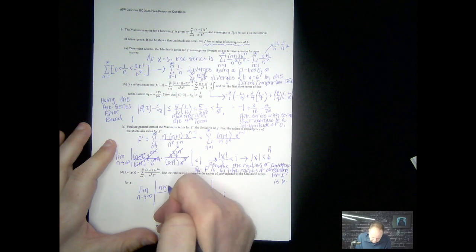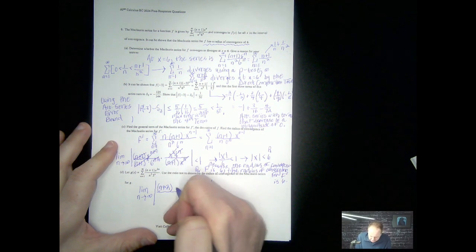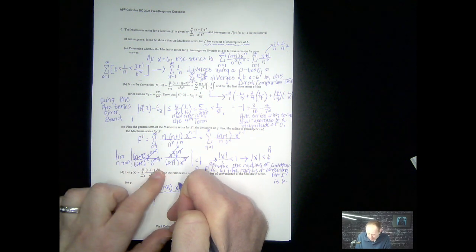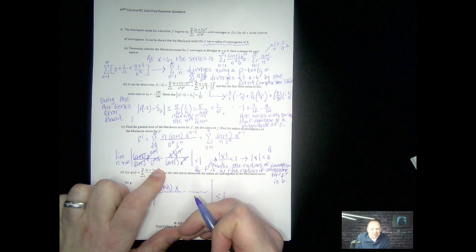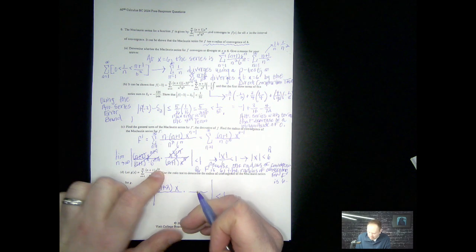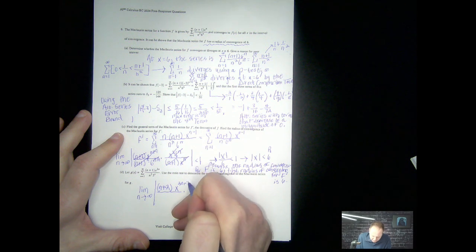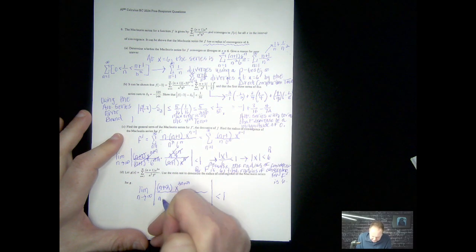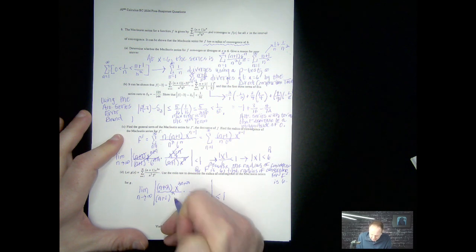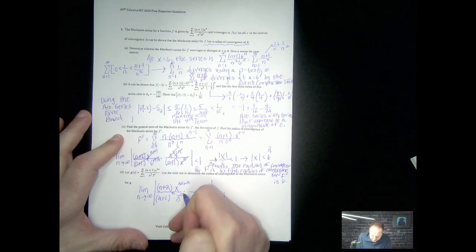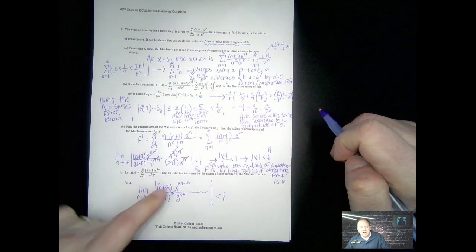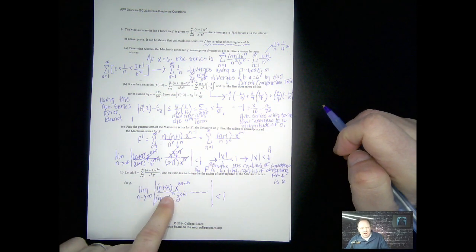So I'm going to go to my next term, which would give me n plus 2, all times x to the, now be careful, you've got to plug n plus 1 in with a parenthesis. That becomes 2n plus 2 when you expand it. The bottom becomes n plus 1 quantity squared, and that's all times 3 to the n plus 1.